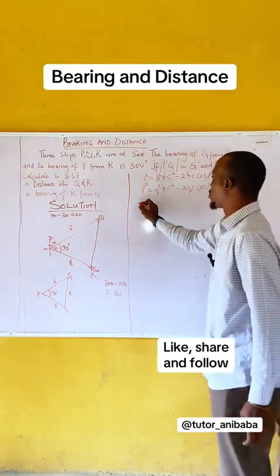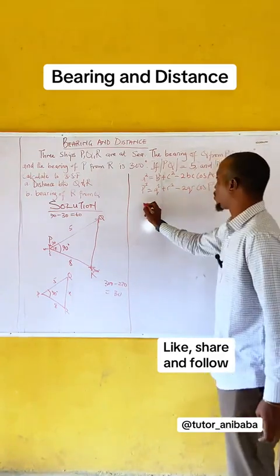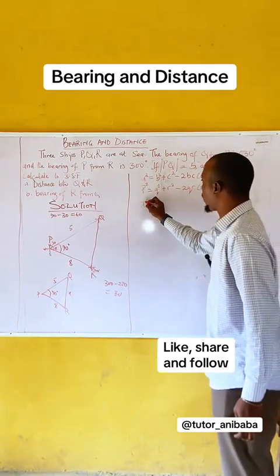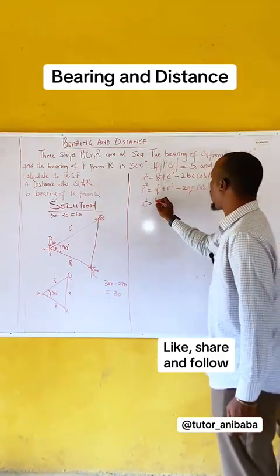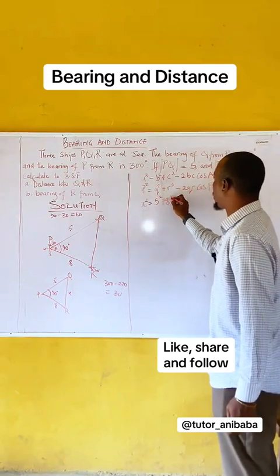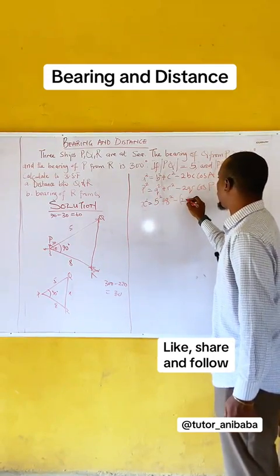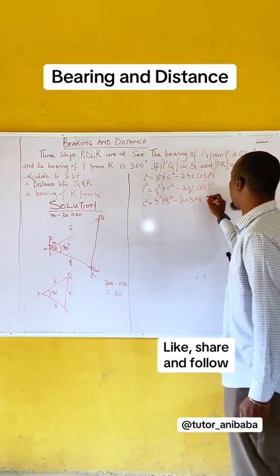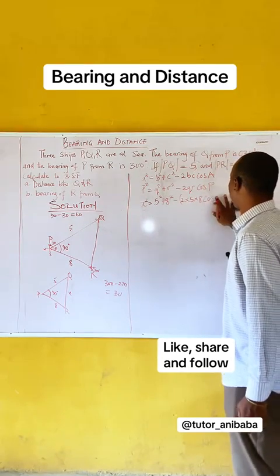So let's substitute all our values: X squared equals 5 squared plus 8 squared minus 2 times 5 times 8 cos 90.